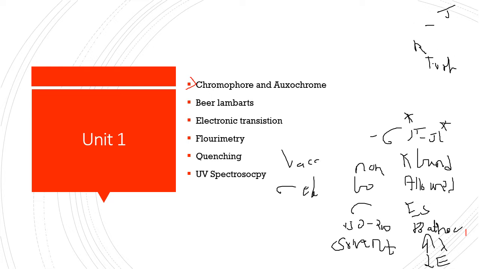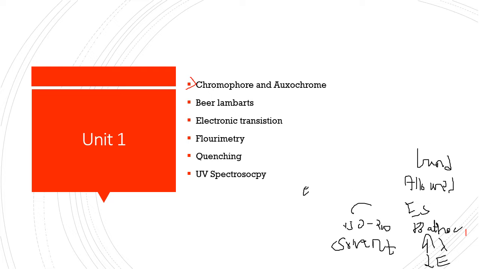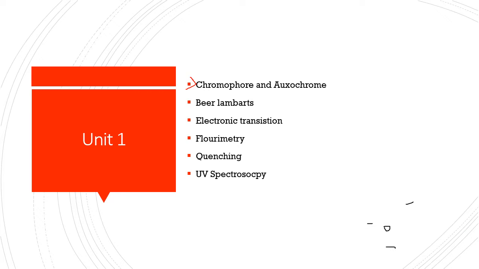Next is fluorimetry. In fluorimetry, the most important concept is the Jablonski diagram. I'll just write the spelling for you all. So suppose this is the ground state, this is the first excited state, this is the second lower energy excited state, and this is a triplet excited state.